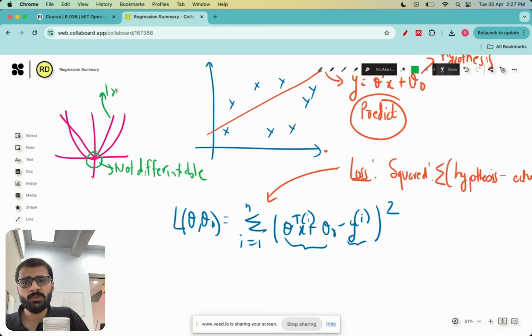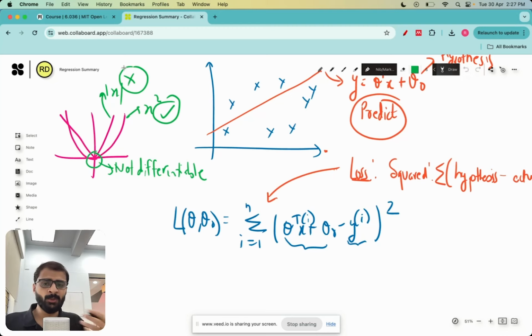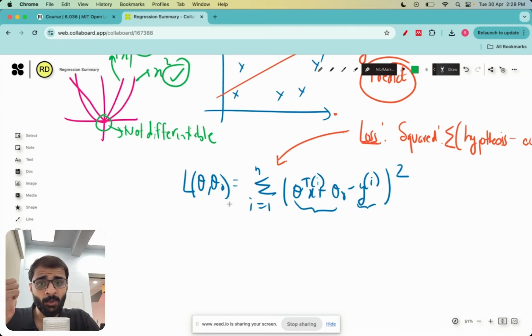This is modulus of x and this is equal to x square. The reason we don't use the modulus is that it is not differentiable at x equal to 0, and generally it does not have good properties. That's why x square is used and modulus of x is not generally used in regression for loss function definition, because the absolute function is not differentiable at x equal to 0. Very key point to remember.